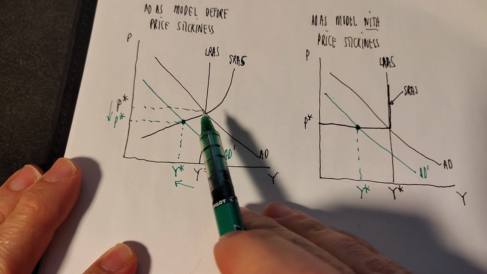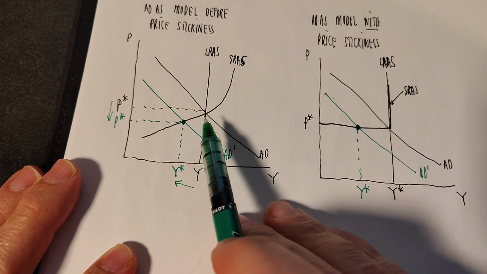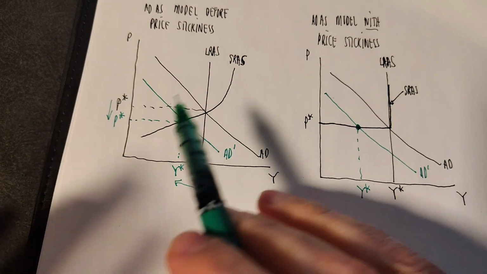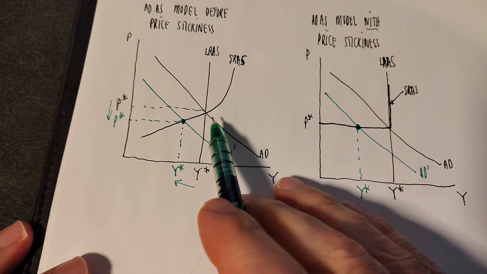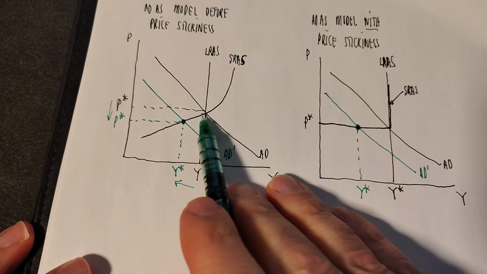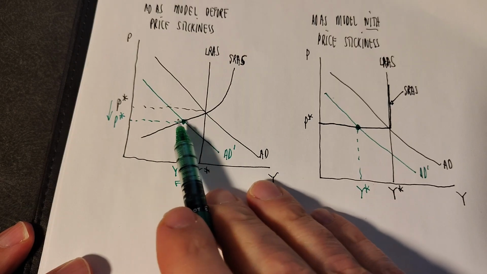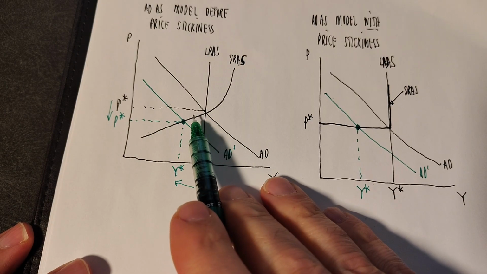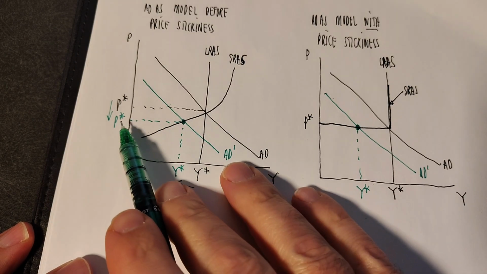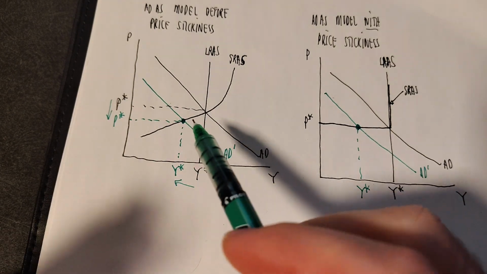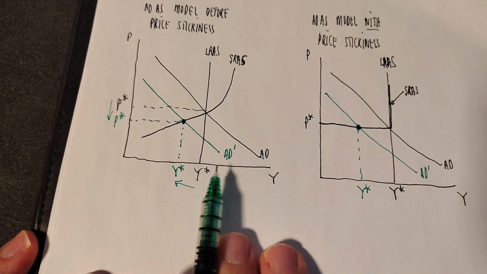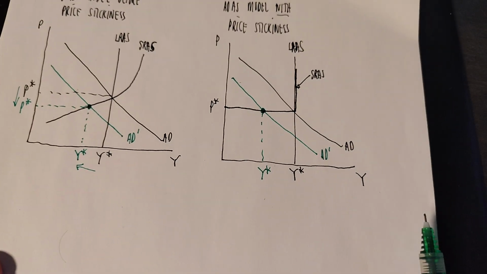Because again, this is not the super short run. It's not the short run under the lens of Keynes, at least. Keynes said there's price stickiness, and so here we don't have that price stickiness. You can see that with the decrease in output, there is a decrease in prices.